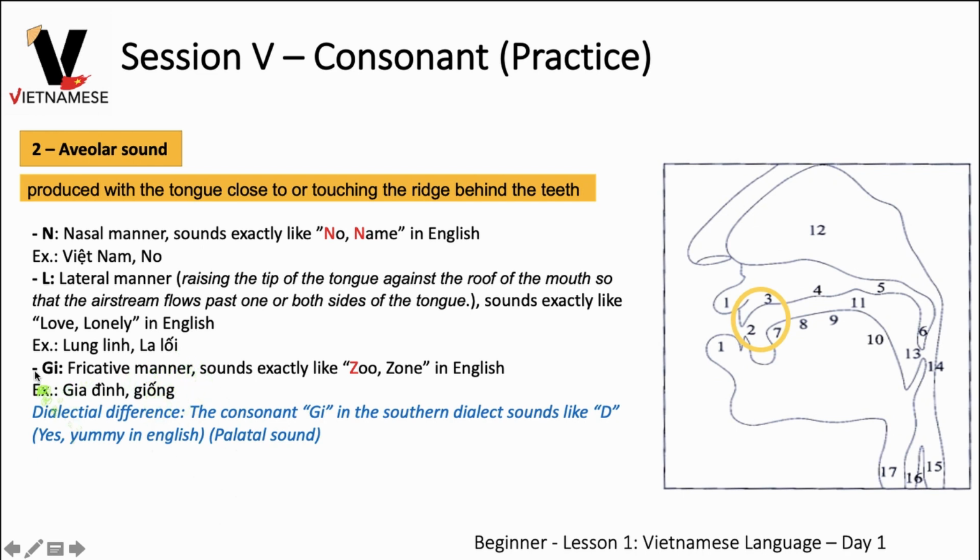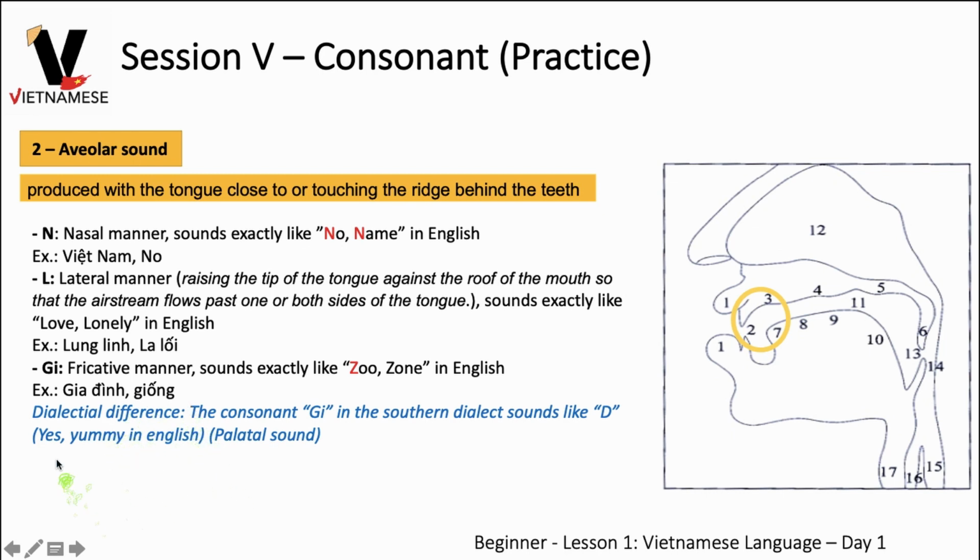And the last one is a consonant digraph. This sounds exactly like zoo or zone in English. Z. For example, gia đình, or giống.